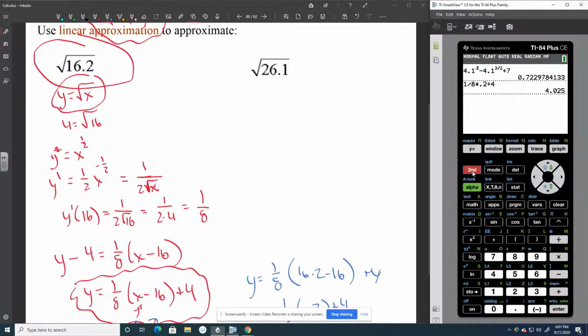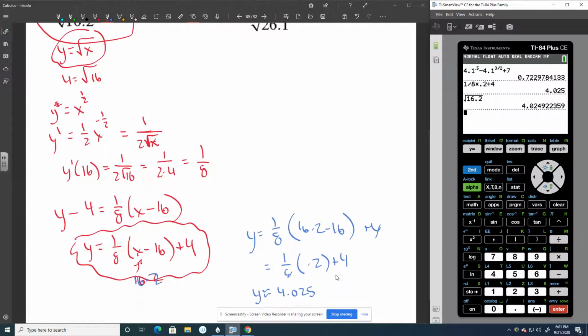What's the square root of 16.2? Whoops, let's make that a 1, not a 0. It tells me 4.0249, so y is actually 4.0249 and so on, but it's approximately 4.025.